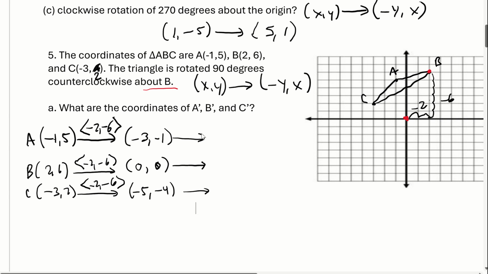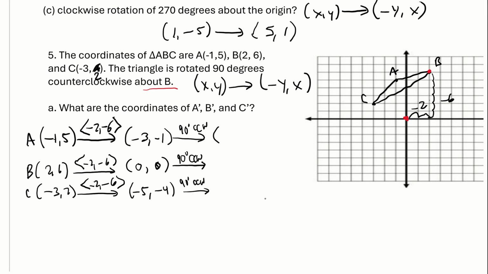All right, so next we're going to do the rotation. So rotate 90 degrees counterclockwise. And we're applying this rule. So again, you got to switch the coordinates and then put a negative on the first coordinate after you switch it.